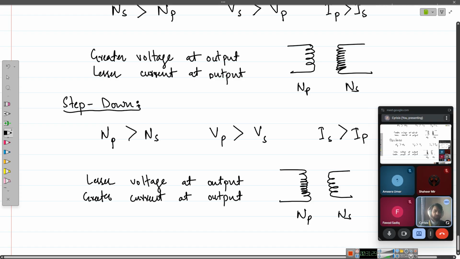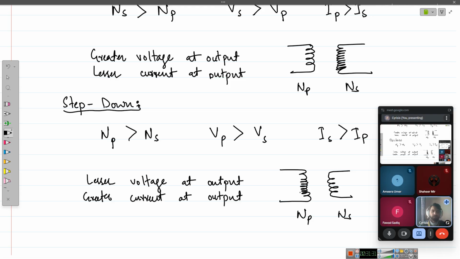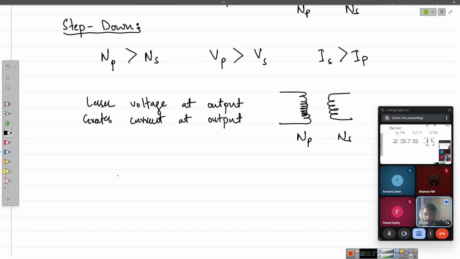Usually, when we're transmitting power, we're always transmitting power at higher voltages to reduce the current, because we do understand that the current, using Ohm's law, V is equal to IR. Keep in mind, if you increase the current, you face more resistance, right?